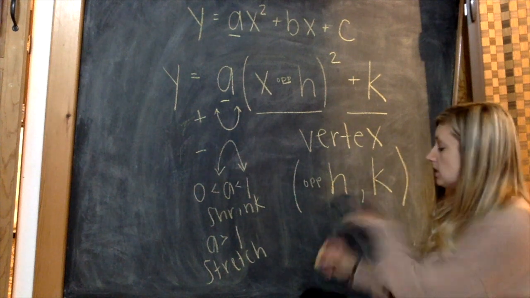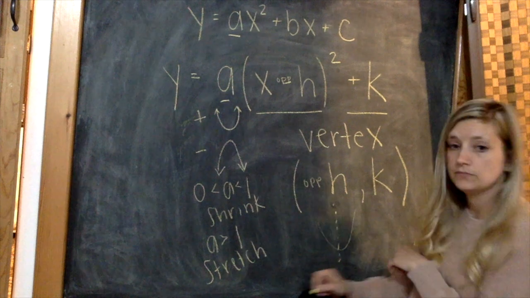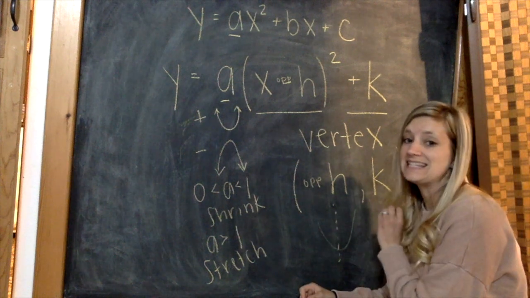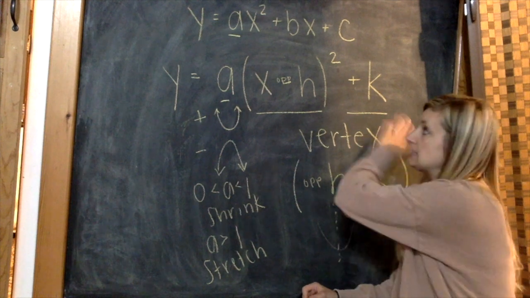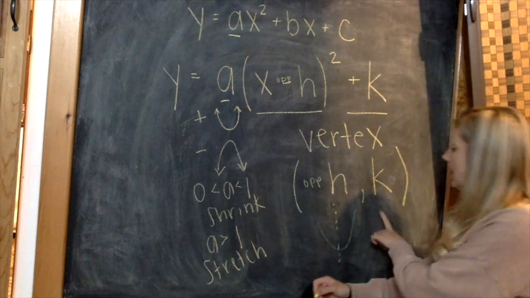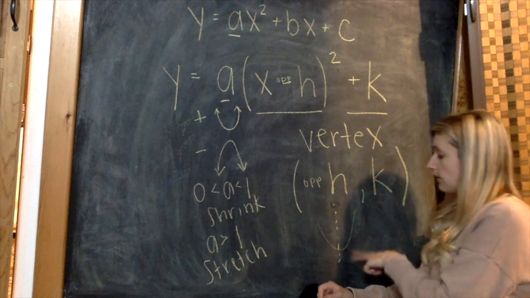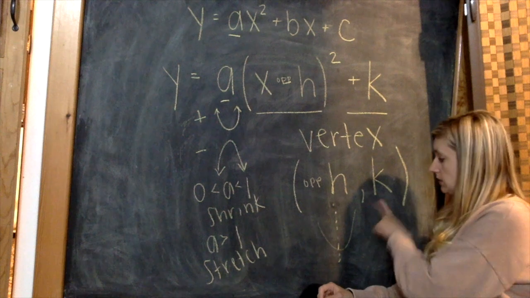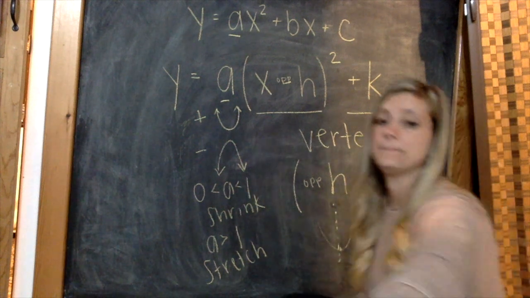This is still the dotted line where it folds in half. It still represents the exact same thing. You just find it differently. It's easier to find because it's giving you vertex form, and this k still represents the max or the min. So if I were looking at this picture, this would represent that minimum point.